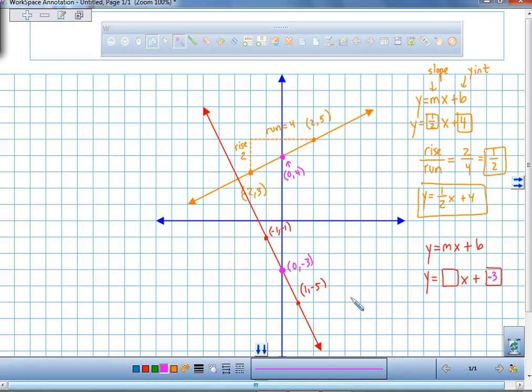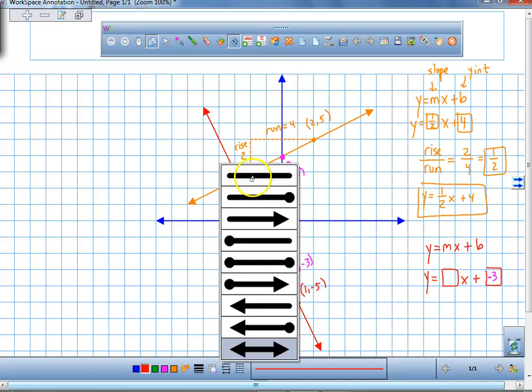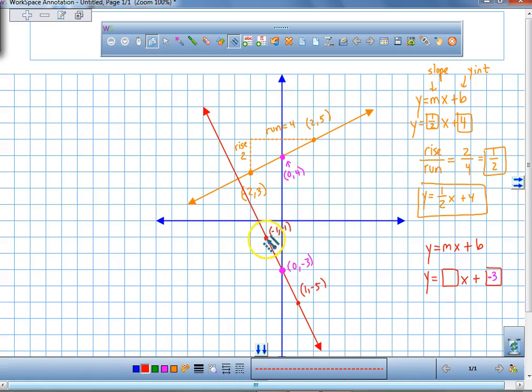We've got to figure out the slope, right? What number do we put in next to the x, which is considered to be the slope? So let's take a look at this. There's a couple of ways we could look at this. We could go down 2 and over 1.